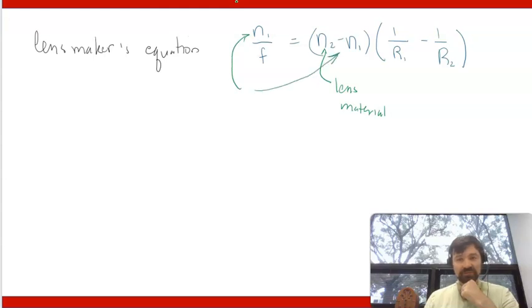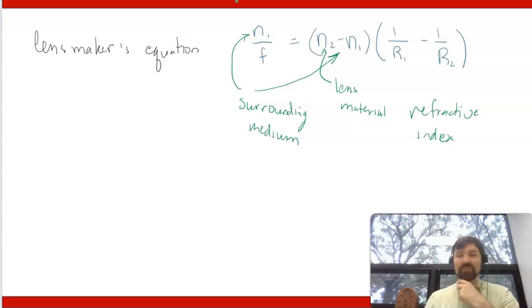Typically this is air, but it could be water or vacuum or whatever. And these are refractive indices. And then R1 and R2 represent the curvature of the two faces of the lens.